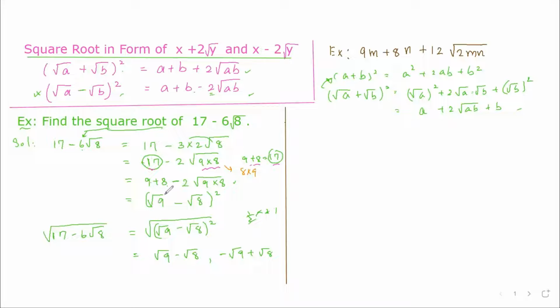So if you write this one, you can write it down as 8 plus 9 also. So you're going to have square root 8 minus square root 9, same thing, right? It can be in that way also.